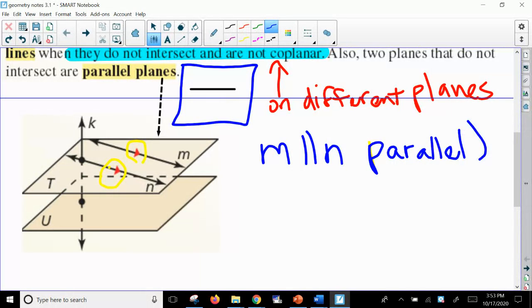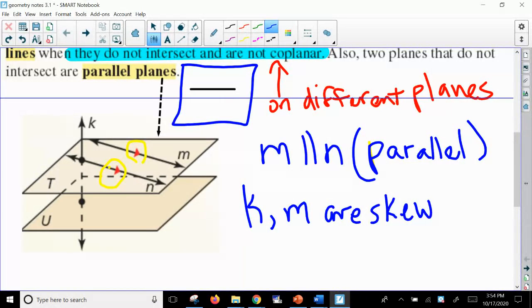For skew lines, line K does not intersect line M, and they are not on the same plane. Those lines are skew lines. So I want to explain. Look at line K. See how once it gets to this point it's dotted.